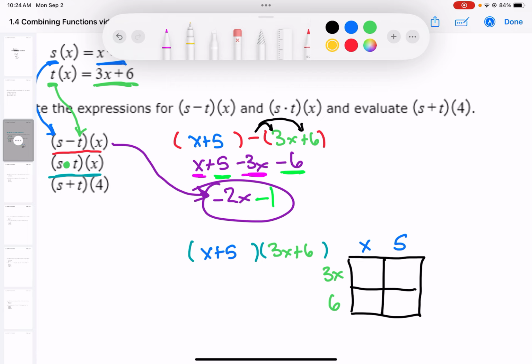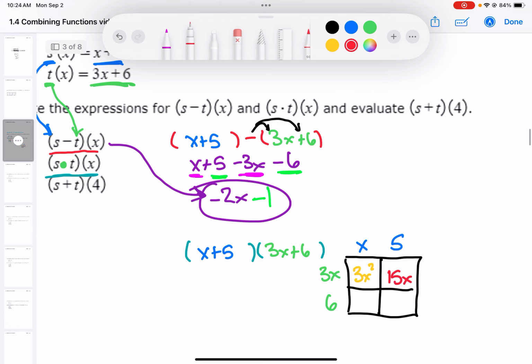Let's go with yellow. 3x times x gives me 3x squared. 3x times 5 is going to give me 15x. And then x times 6 is going to give me 6x. And then 6 times 5 is going to give me 30.